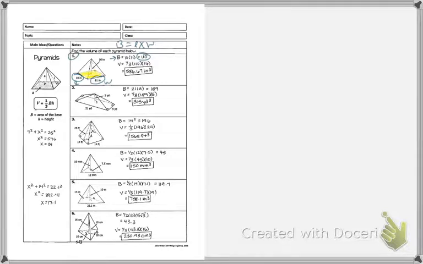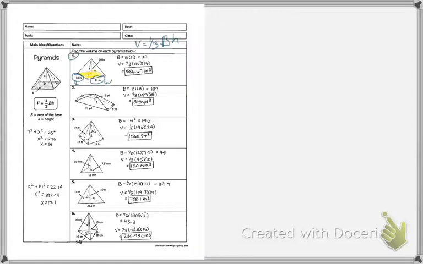Next off, we fill in our equation. I don't like these notes because it doesn't give you a chance to... 1/3 big B and H. Well, that H that they're talking about, that height, is the height of the pyramid.